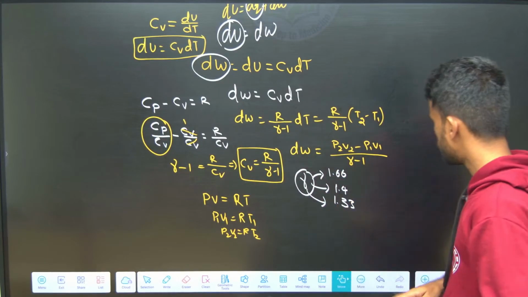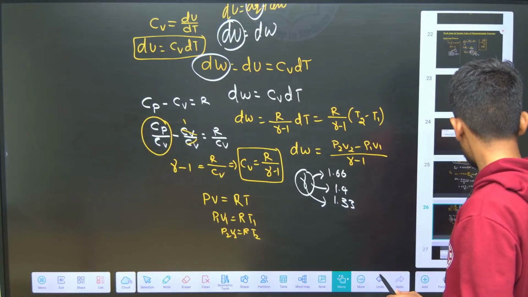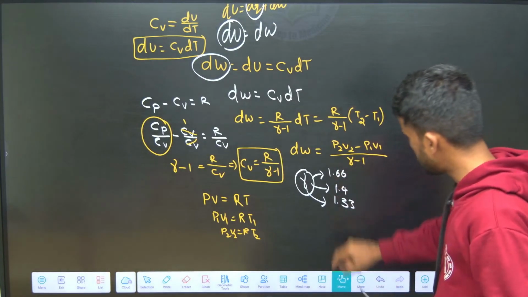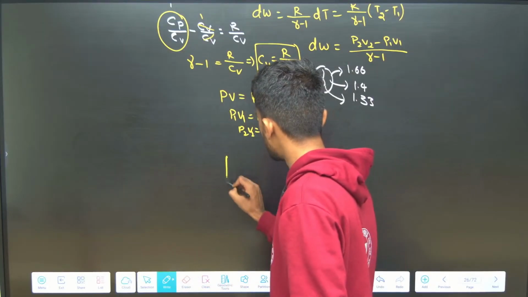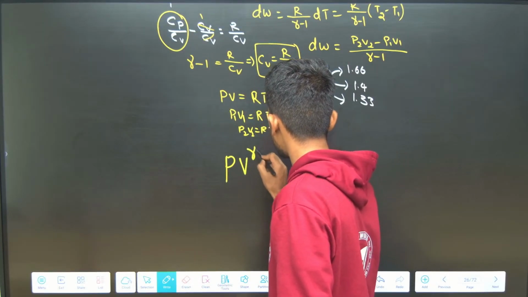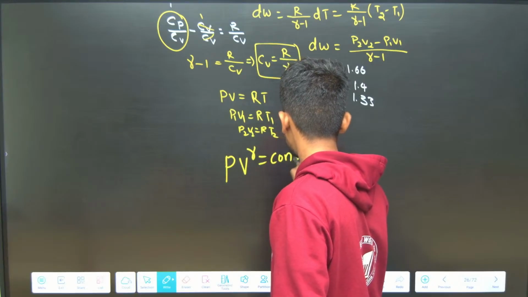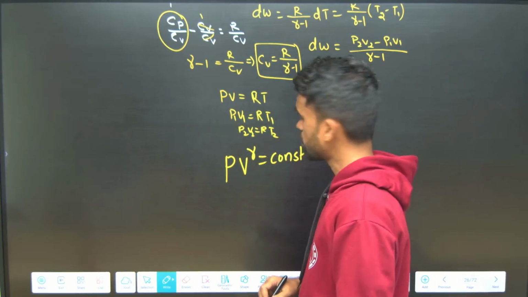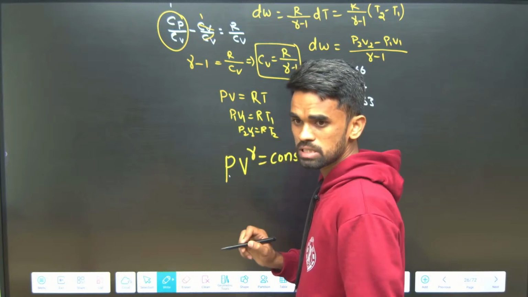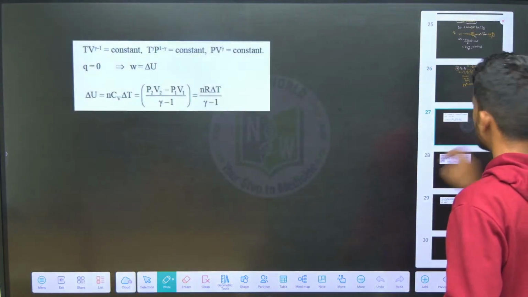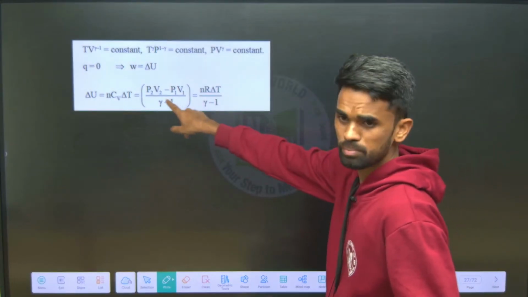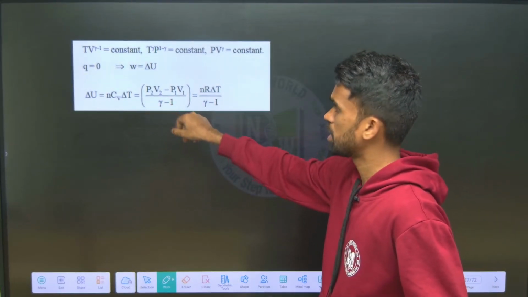Okay, so now I will be giving you one question here. Along with this we have some other formulas also for the adiabatic process. Work done: PV power gamma equals constant, you can remember. From here, P2V2 minus P1V1 by gamma minus 1.